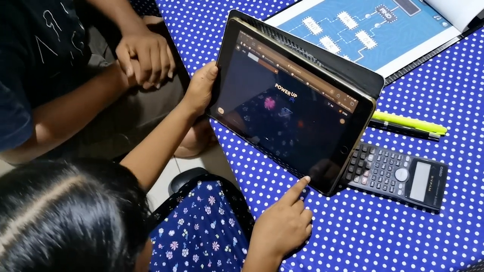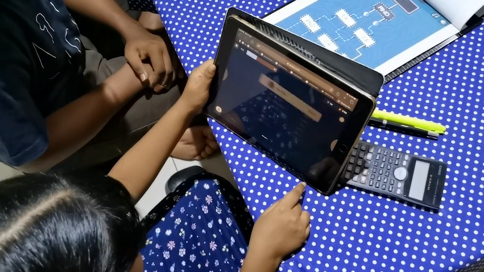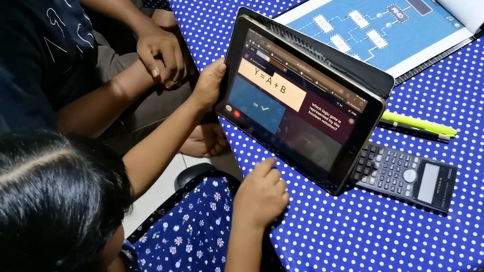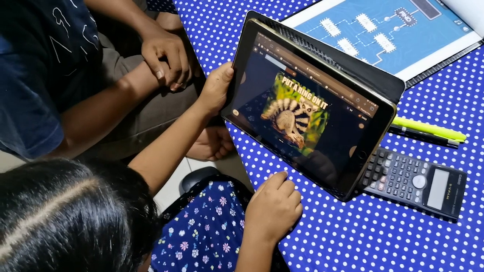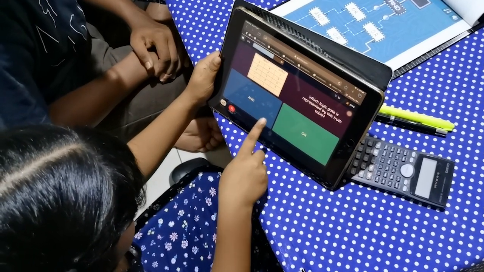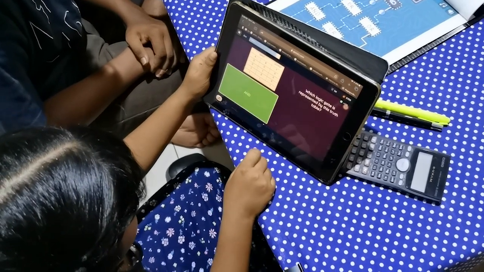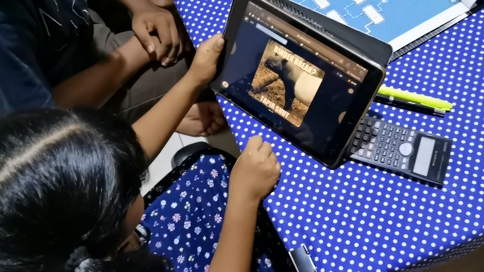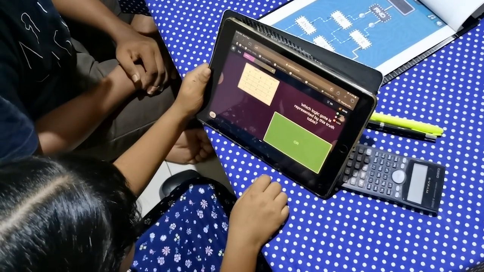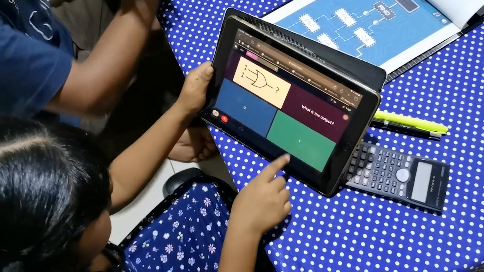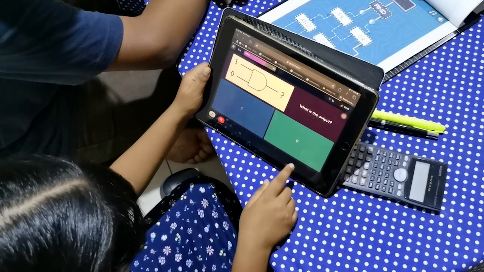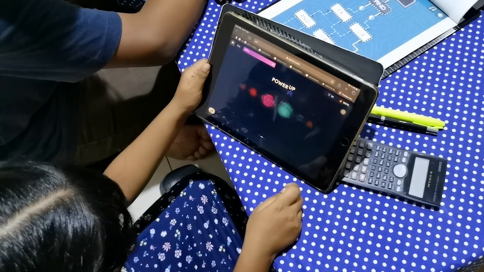Wow, you are getting power-ups. Activate it, yes. Another power up.